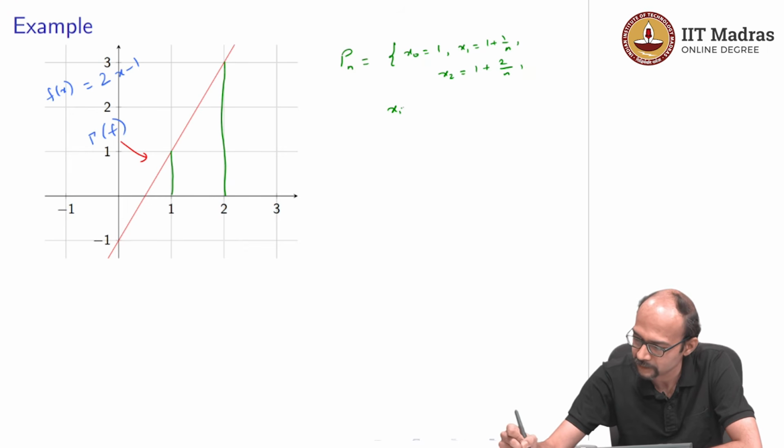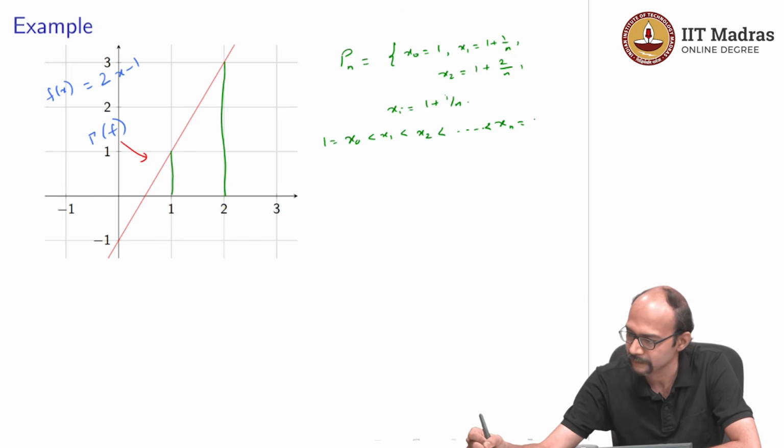In general you have x_i is 1 plus i by n, and so you will have 1 is x_0 is less than x_1 is less than x_2, all the way up to x_n, which is 1 plus n by n.